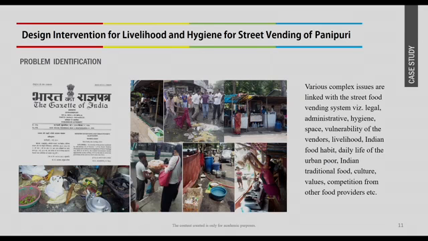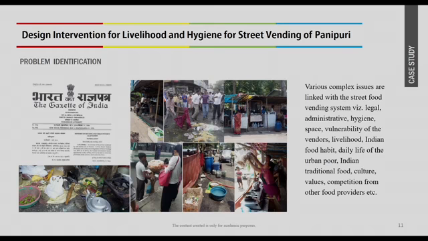Various complex issues are linked with the street food vending system: legal, administrative, hygiene, space, vulnerability of the vendors, livelihood, Indian food habit, daily life of the urban poor, Indian traditional food, culture, values, competition from other food providers, etc. Therefore, an innovation by design approach was needed to improve the livelihood of the urban poor.